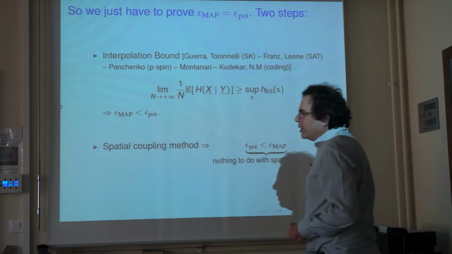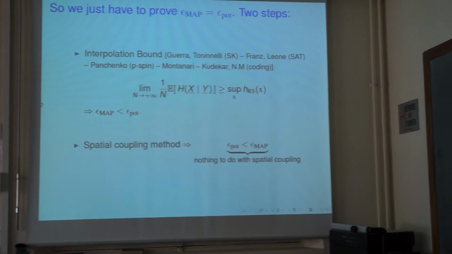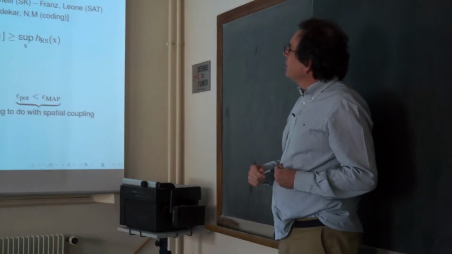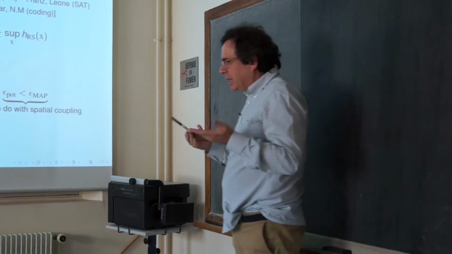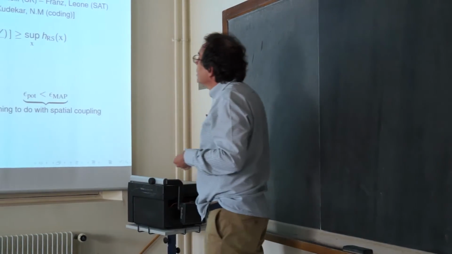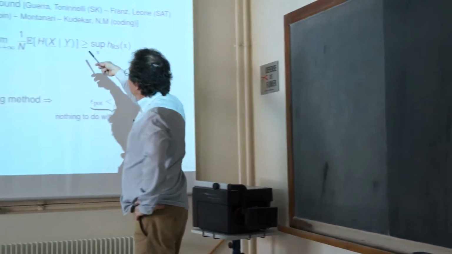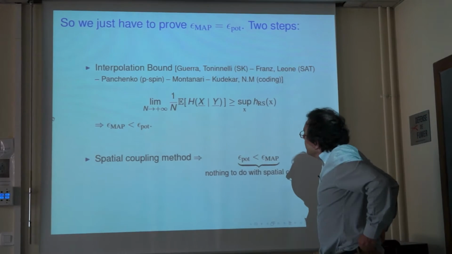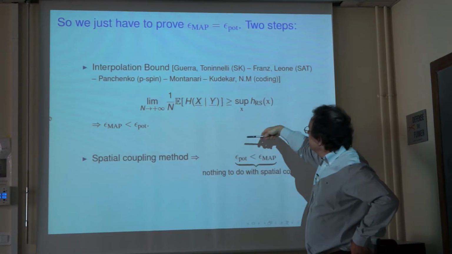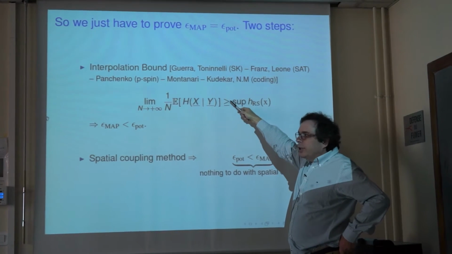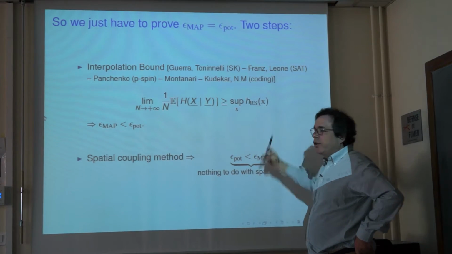So as I said, I just want to prove that these two thresholds are equal. So the potential threshold equals the MAP threshold, and that is a prediction of the replica method at the end. Okay, so what we knew for years, and this has a long history, is that this Shannon conditional entropy averaged over the LDPC ensemble is certainly greater or equal than the sup of this replica symmetric potential functional.